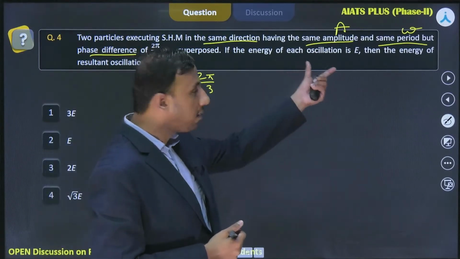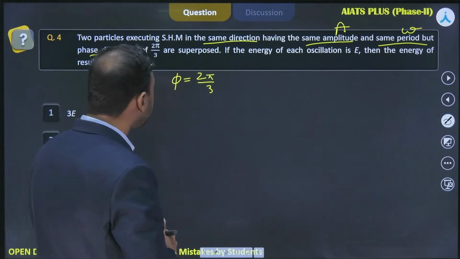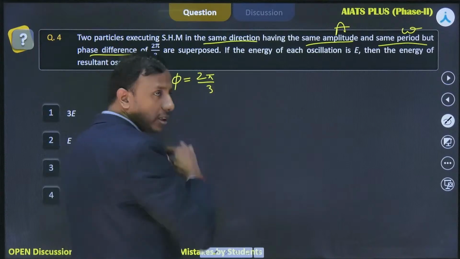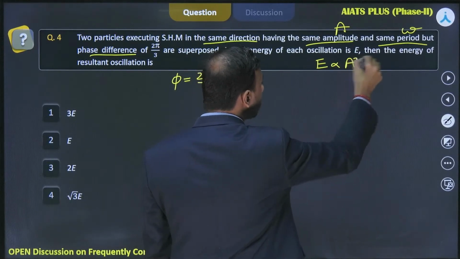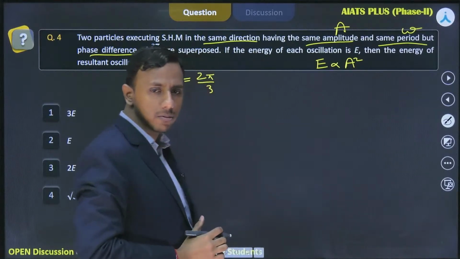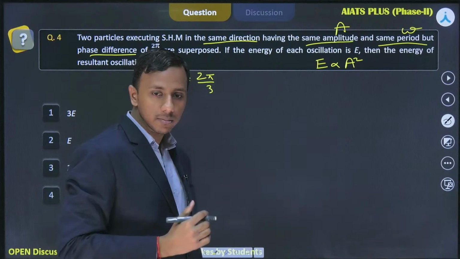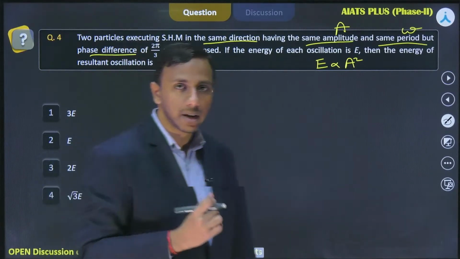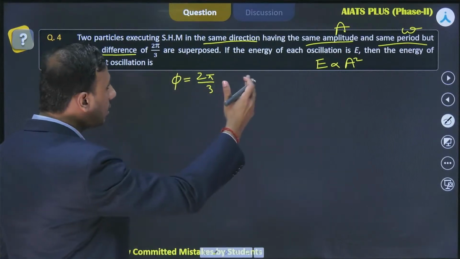So the energy will be proportional to amplitude square. So for both these waves, we can say E is proportional to A square. Let me just write it down for now. I hope you can hear me clearly. Very well. Now see here.